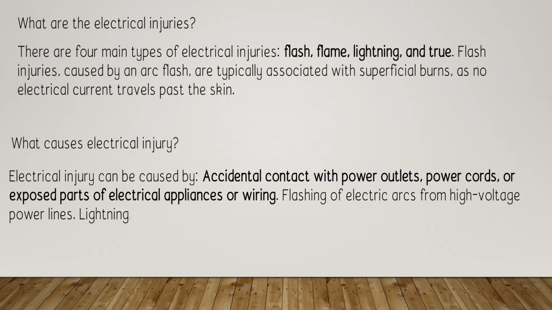These are the major four types of electrical injuries. In this, flash injuries caused by an arc flash are typically associated with superficial burns, as no electrical current travels past the skin.